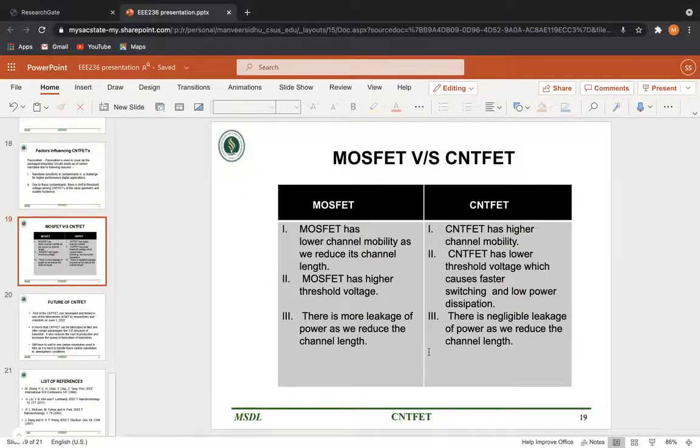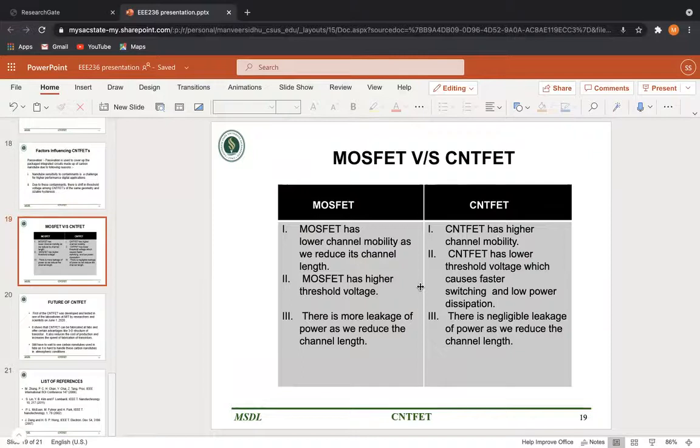Now we're going to compare the MOSFET with the carbon nanotube field effect transistor. It can be seen that MOSFET has lower channel mobility as we reduce its channel length, while CNTFET offers higher channel mobility even as we reduce its channel length, which is certainly a big advantage in case of CNTFET.